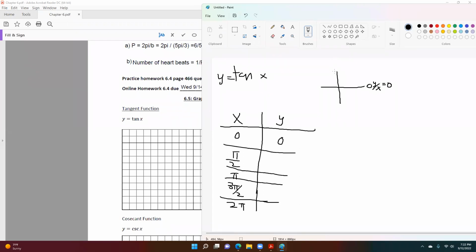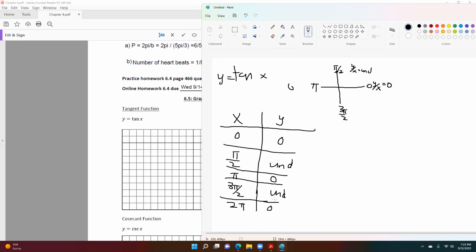The next one is pi over 2. Pi over 2 is 90 degrees. Undefined. Yes, this is undefined. And then what happens to pi? It'll be 0. And 3 pi over 2 is undefined as well. And then 2 pi will be the same thing as 0.